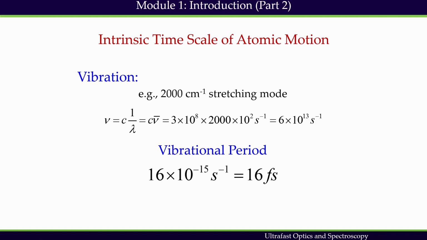I can think about A and B coming closer, forming a chemical bond. So this is nothing but vibration. I have to find out how long it takes to stretch the bond like this and then recompress. How long does it take?